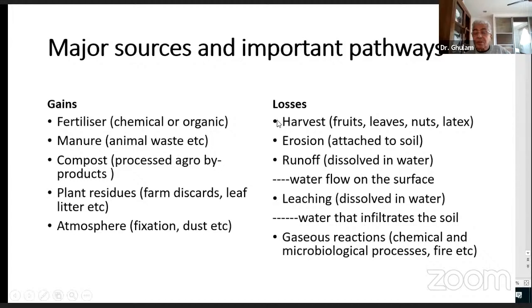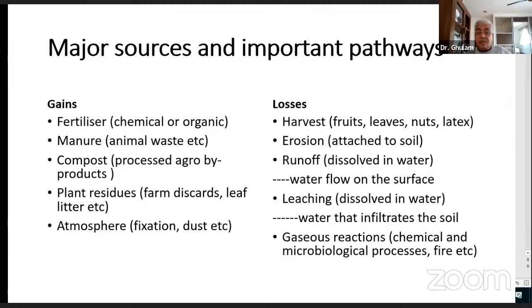That means some of the soluble nutrients are dissolved in the water, and the water, if it's in excess, will flow down through the soil profile vertically and away from the root zone of the plant or tree.